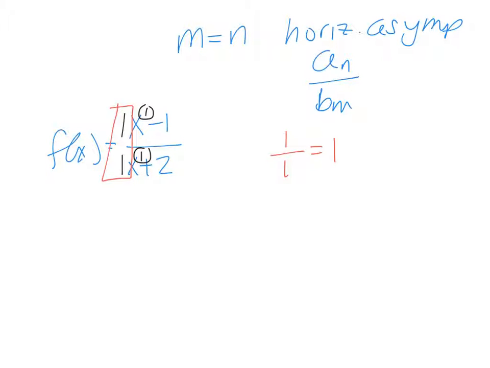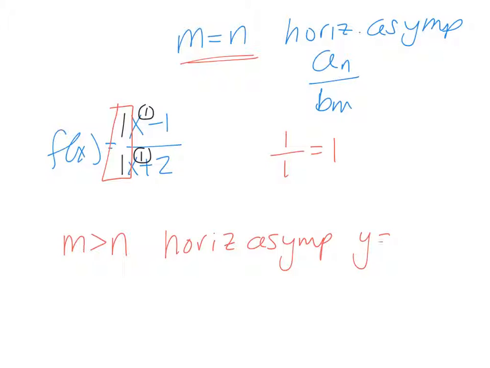Now, that's if m equals n. The other two cases are that m is greater than n. If m is greater than n, then the horizontal asymptote is going to be y equals 0, just like 1 over x, right? The power of x on the top would be 0.